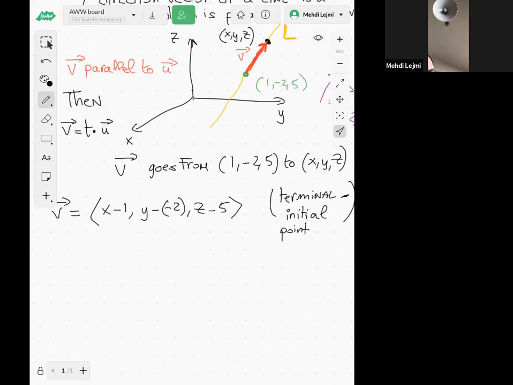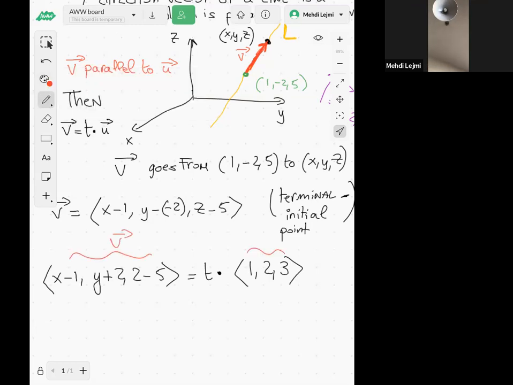This vector x minus 1, y plus 2, z minus 5 is some scalar t times the vector u, which is the vector 1, 2, 3. So this is t times 1, 2, 3. Again, this is my vector v, and this is my vector u.